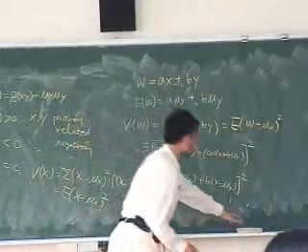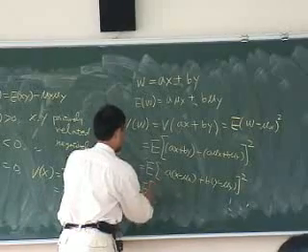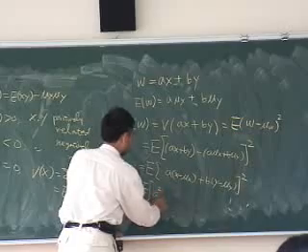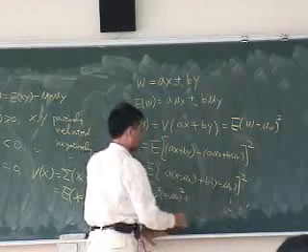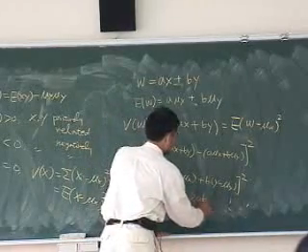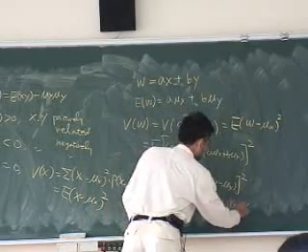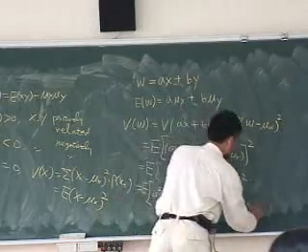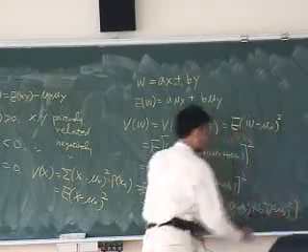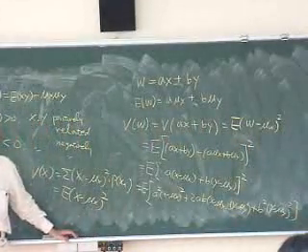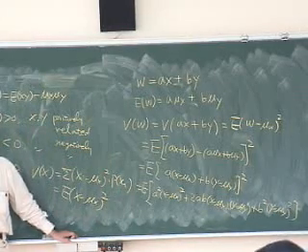So what is this? We have expectation of A squared (X minus mu X) squared plus 2AB (X minus mu X)(Y minus mu Y) plus B squared (Y minus mu Y) squared. Any questions to this point?